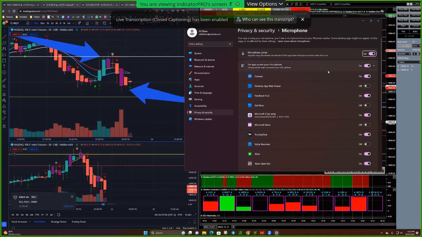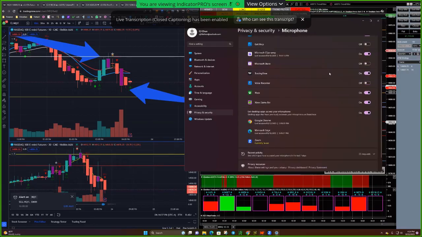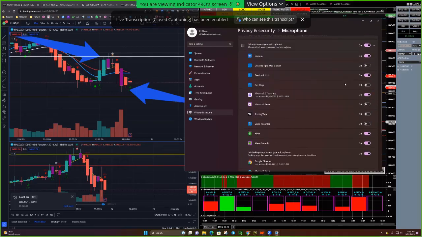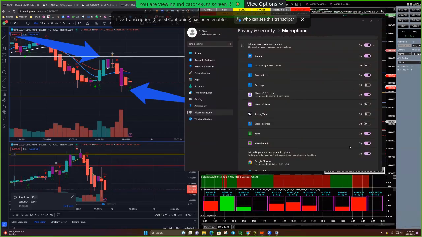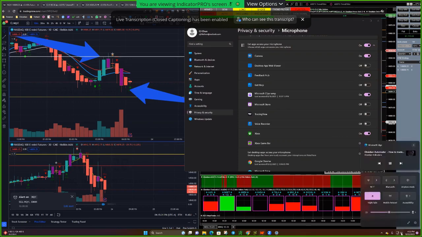I just want to be able to mute it. It'll look like a speaker, to the left of the clock, an upward caret.